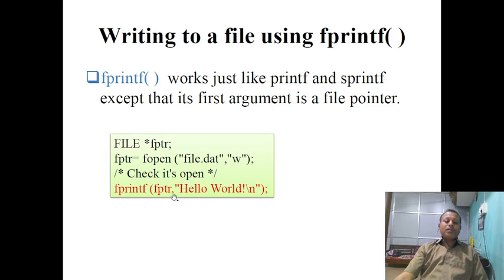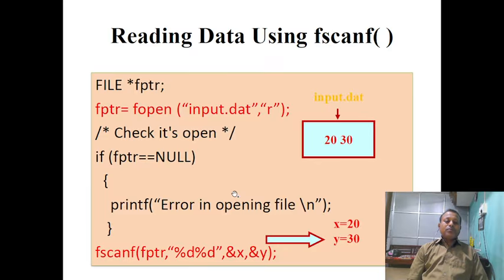Now, another example is reading data using fscanf from a file. Consider an input.dat file with two values. It can be opened in reading mode, and after opening it is possible to scan the values into the variables x and y. The example is written like this.